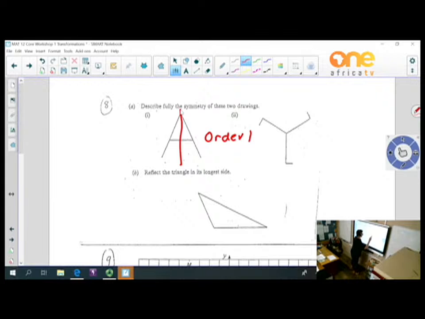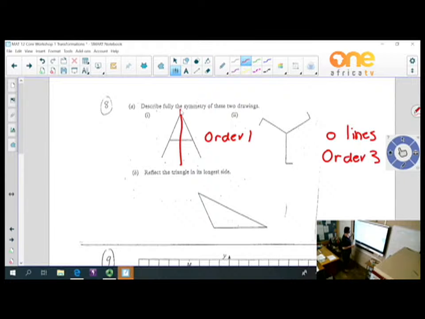Look at this one. Lines of symmetry, 0. And then order, how many times will this one be able to turn around? 3. Order 3. Use your tracing paper if you're in doubt.